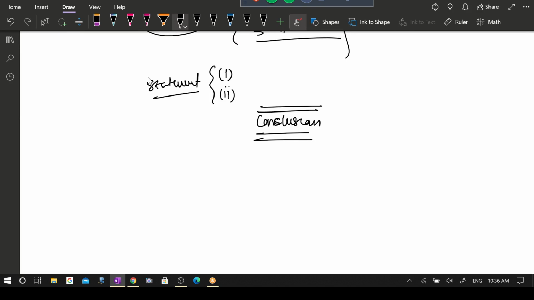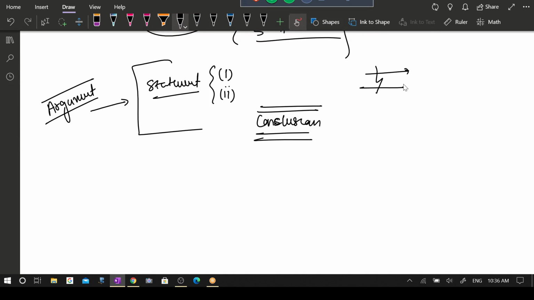The combination of two statements and a conclusion is called an argument, and these two statements are called premises. So two statements are called premises, and the combination of two statements and a conclusion is called an argument.